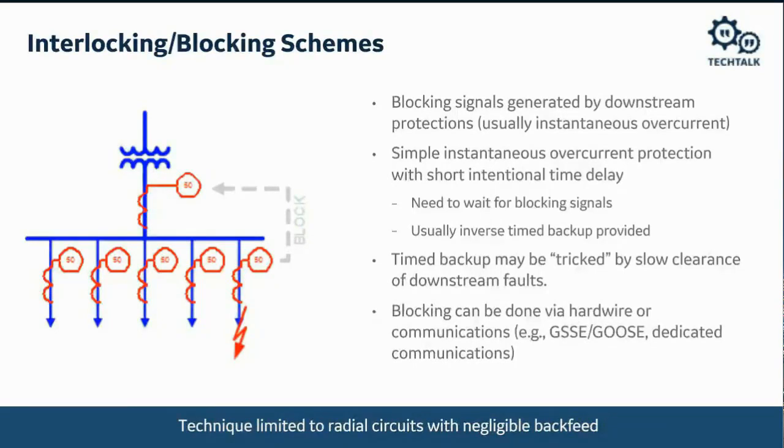If we have a fault in one of the downstream feeders, for example, I'm showing a fault on the feeder on the right, when that relay senses that fault, it sends a blocking signal to tell the source relay, hey, the fault is not on the bus, you should not trip. If the fault is on the bus, the source relay will not receive that blocking signal and it will trip the bus.